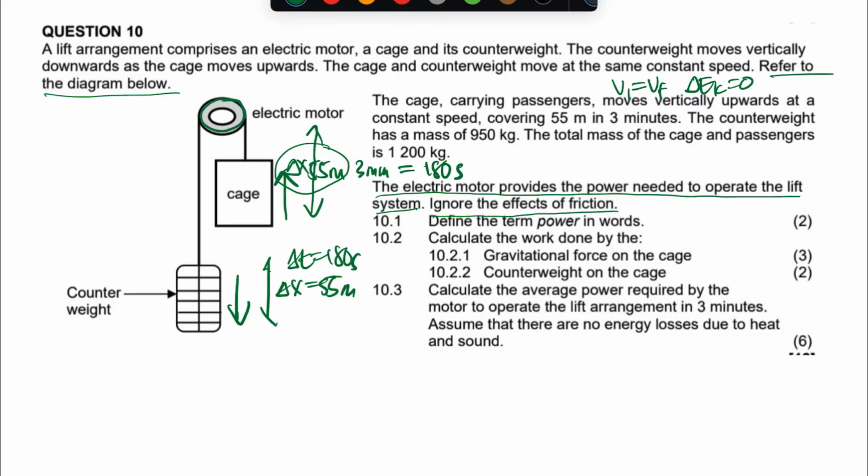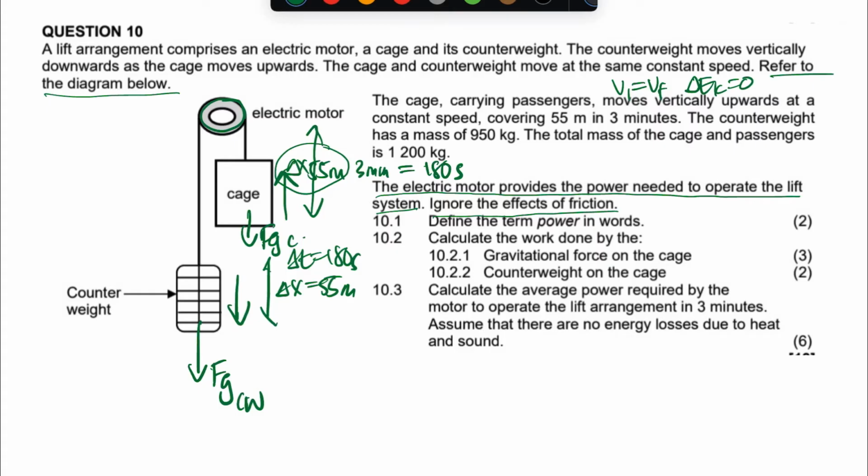So guys, now what are we going to do here? This counterweight has a gravitational force acting downwards. It's the gravitational force of the counterweight, and this cage has a gravitational force, an Fg of the cage, right?